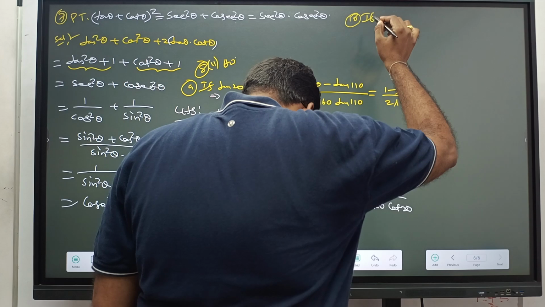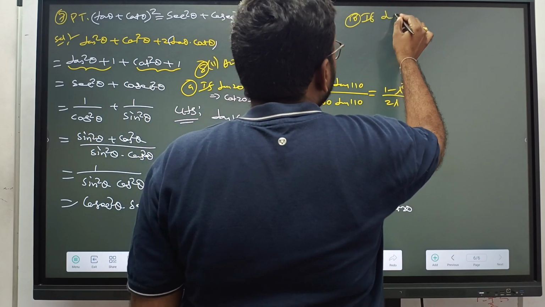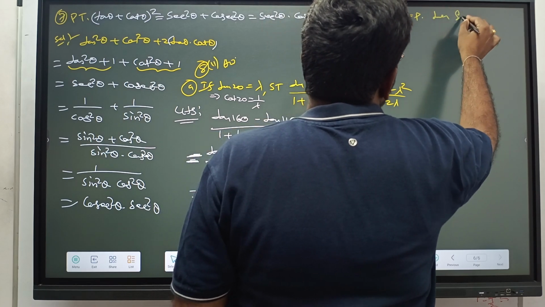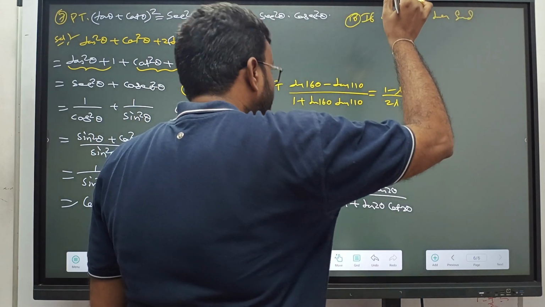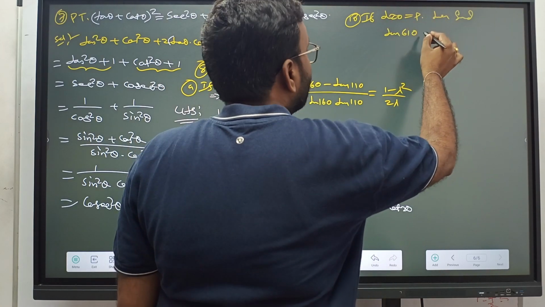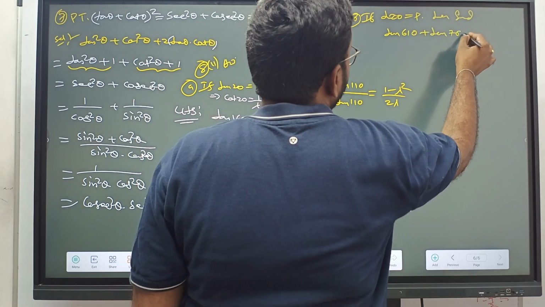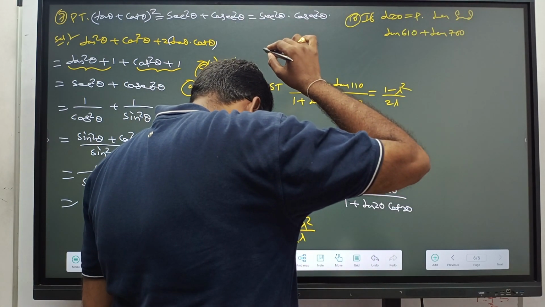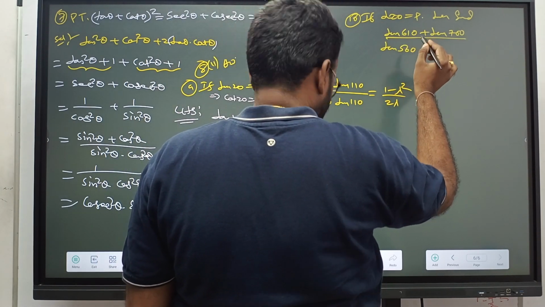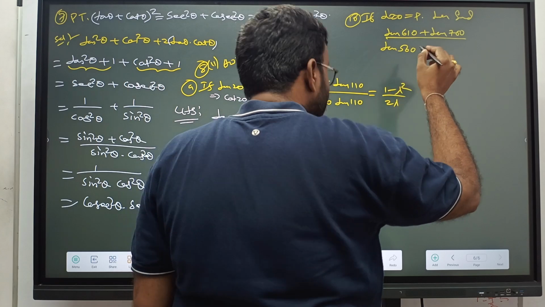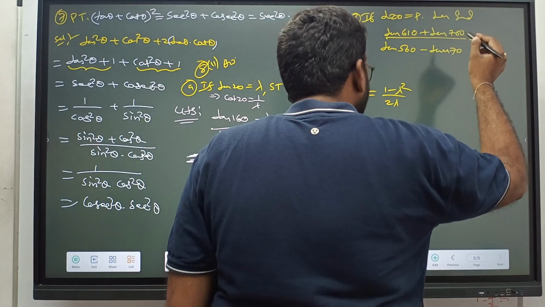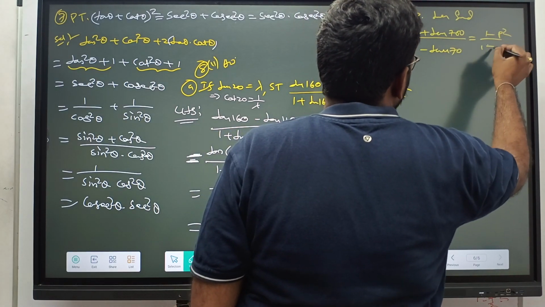If tan 20 is equal to p, then find the value of tan 16, tan 16 plus tan 700 by tan 560 minus tan 470, which is equal to 1 minus p square by 1 plus p square.